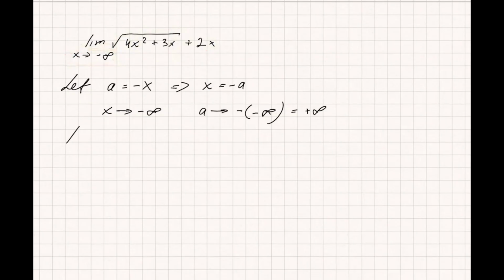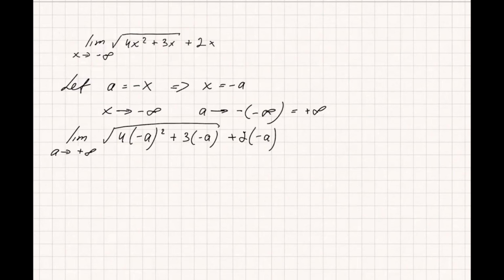So I will have then limit as a approaches positive infinity of 4 times negative a squared plus 3 times negative a plus 2 times negative a. So when I simplify it, I get limit as a approaches positive infinity of square root of 4a squared minus 3a minus 2a.